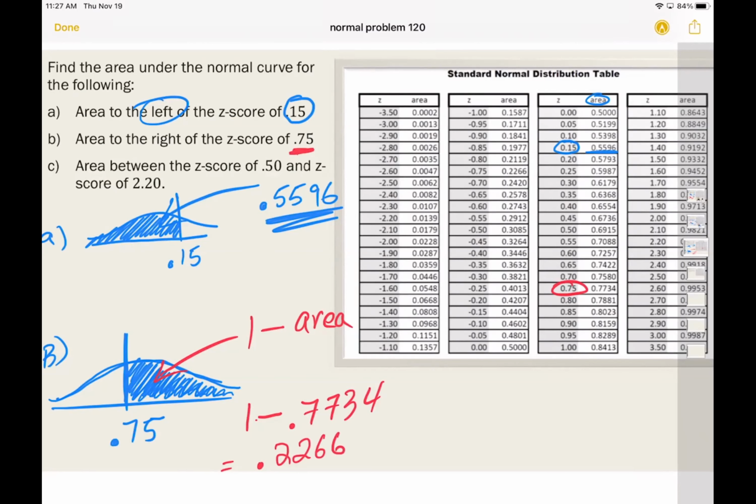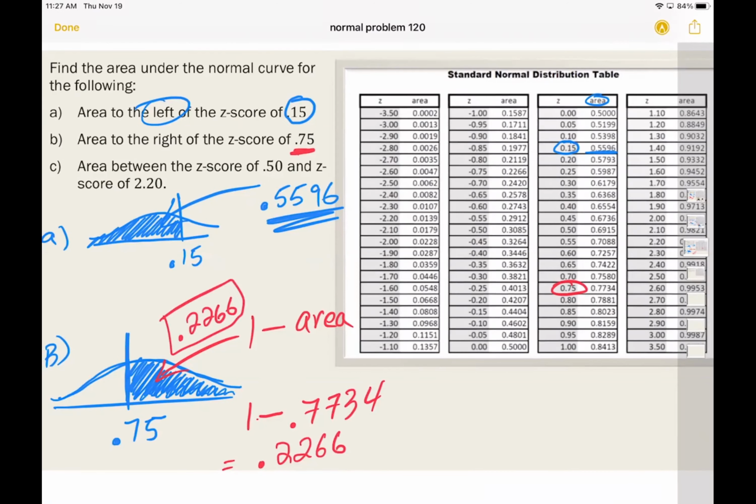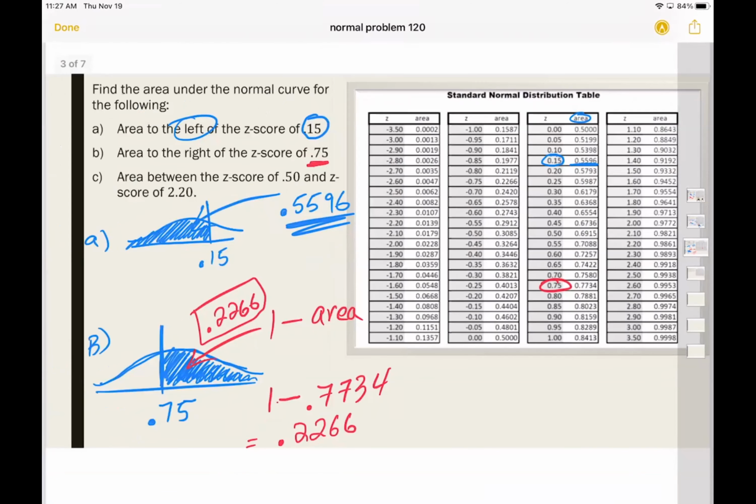So the area on the right of this number will be 0.2266. And again, that's what we need to do in this particular problem, because I'm looking for the area to the right. I need to take 1 minus that area. And lastly, area to the left is easy; area to the right, we need to take 1 minus that.